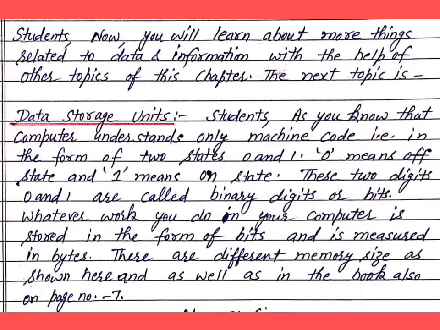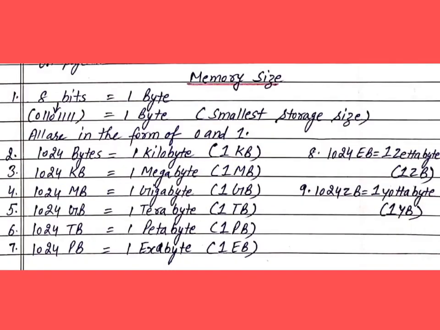There are different memory size as shown here and as well as in the book also on page number 7. Memory size. Number 1, 8 bits is equal to 1 byte. 01101111 is equal to 1 byte, the smallest storage size. All are in the form of 0 and 1, as computer understand only zeros and ones.